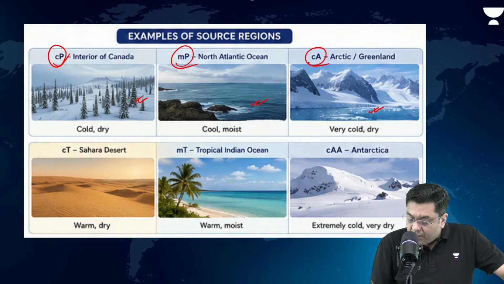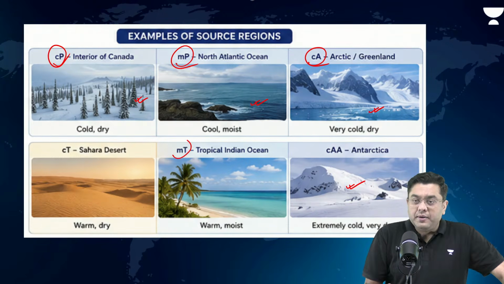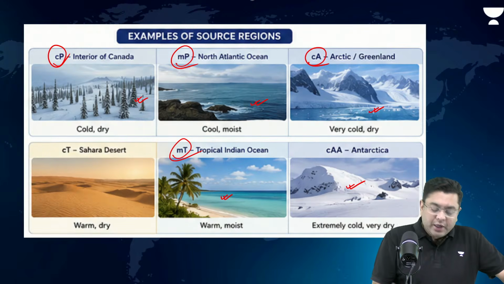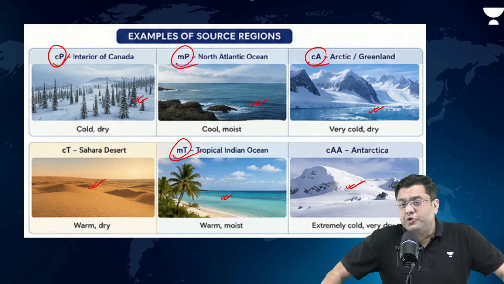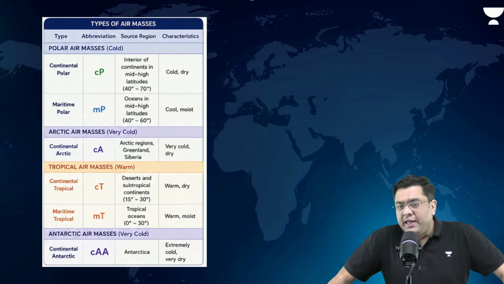Continental Antarctic, much colder, more drier. Maritime tropical, Bay of Bengal, for example, warm, moist. Continental tropical, Sahara Desert, warm, dry. So this is how the source regions provide a kind of a feature to the air masses as well.